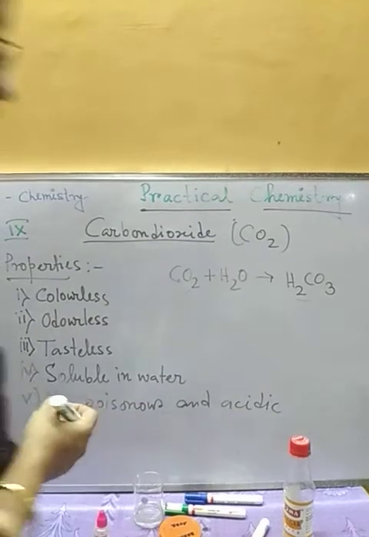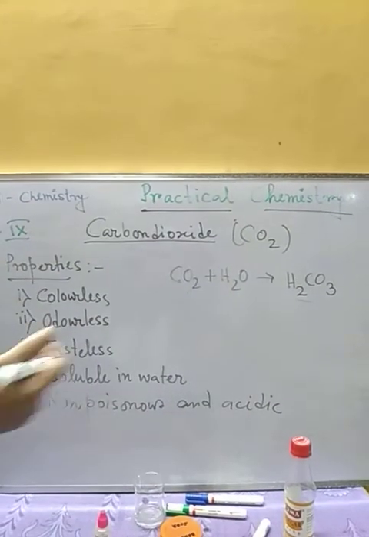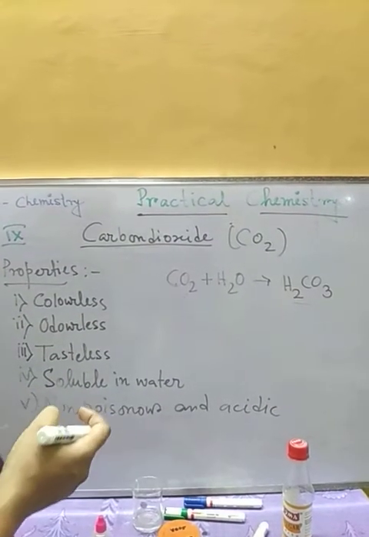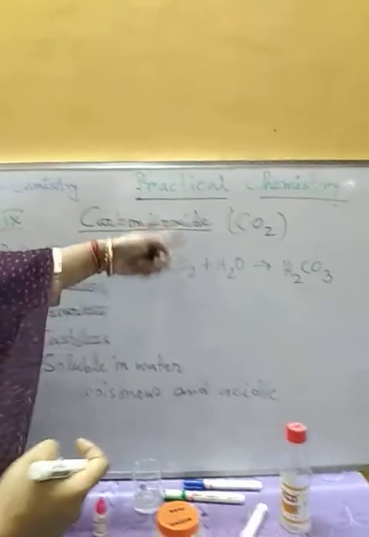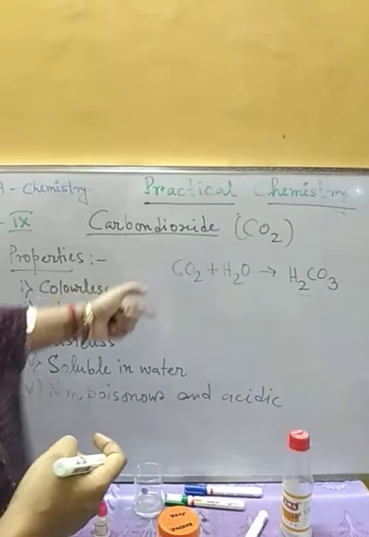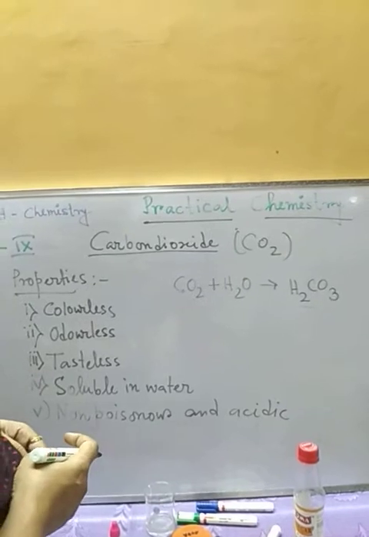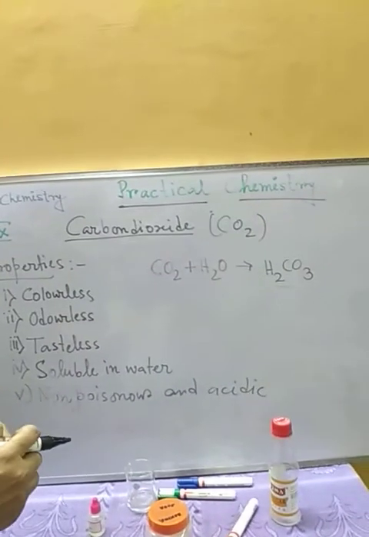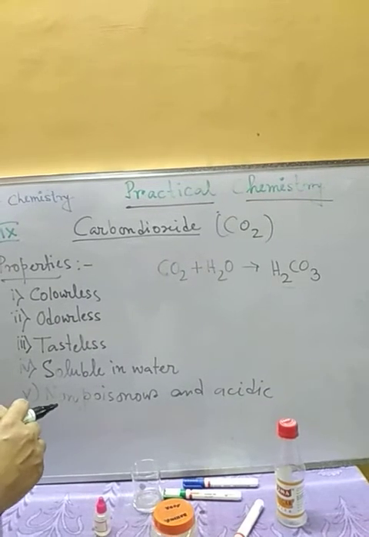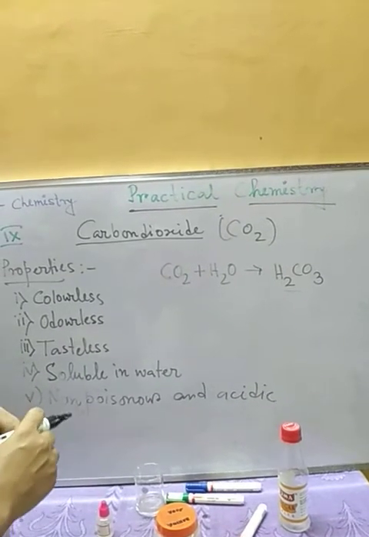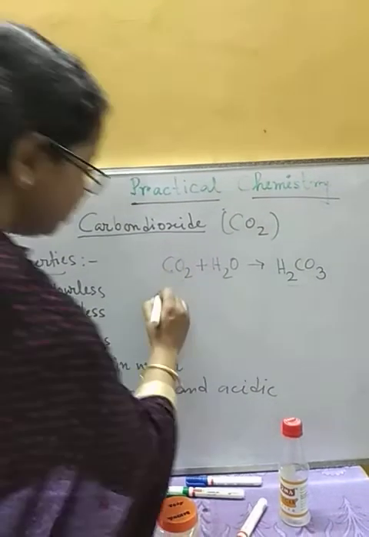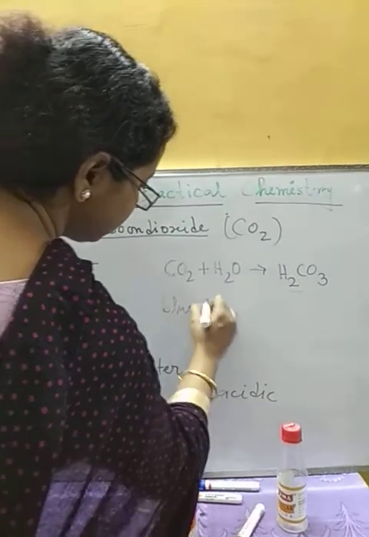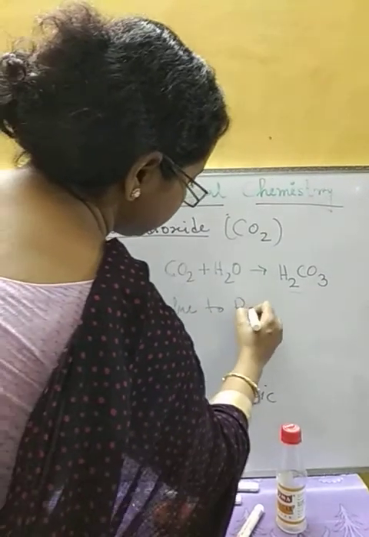If we hold a blue litmus paper in this gas, at the mouth of the test tube where carbon dioxide is evolving, we can see the color of the litmus paper change from blue to red.